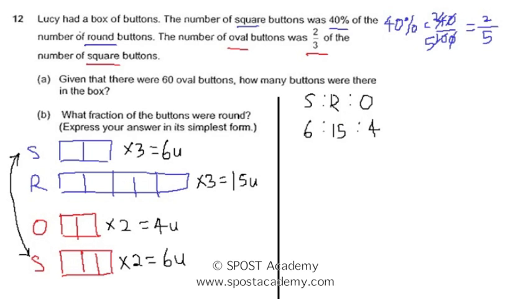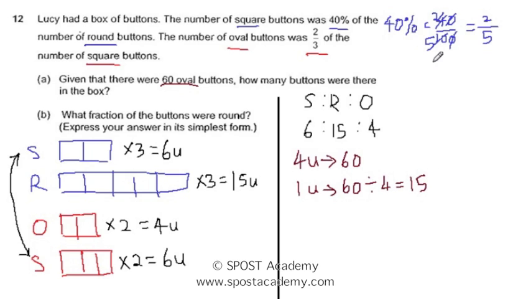So question A asks, given that there were 60 oval buttons, how many buttons were there in the box? So oval button has got 4 units, and this is equivalent to 60. Therefore 1 unit would be 60 divided by 4, which will give us 15.